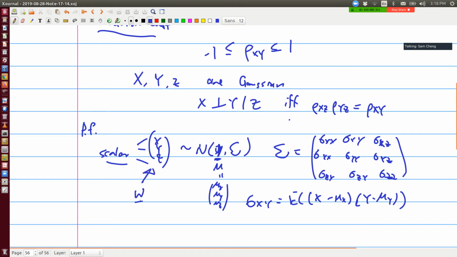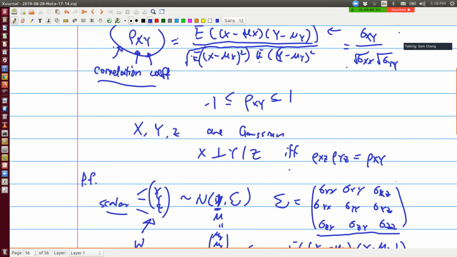Let me call it w. W is basically three dimensional, with three components x, y, and z, and each of x, y, and z is a scalar. Then the covariance matrix is basically this one.